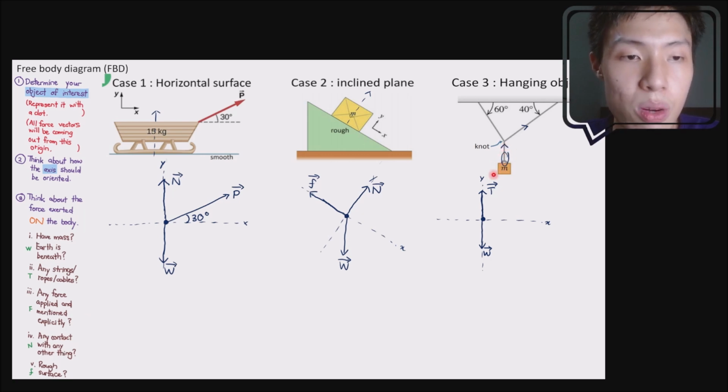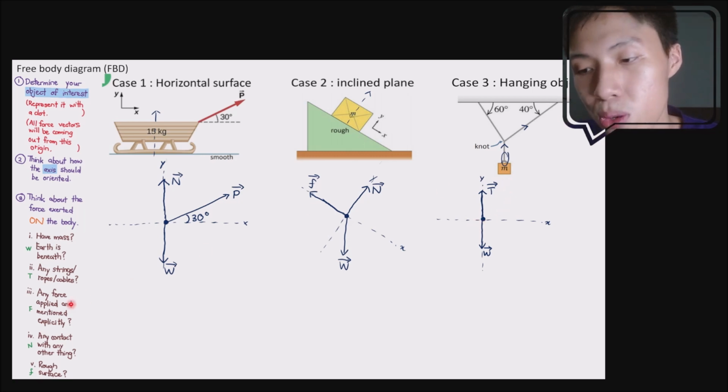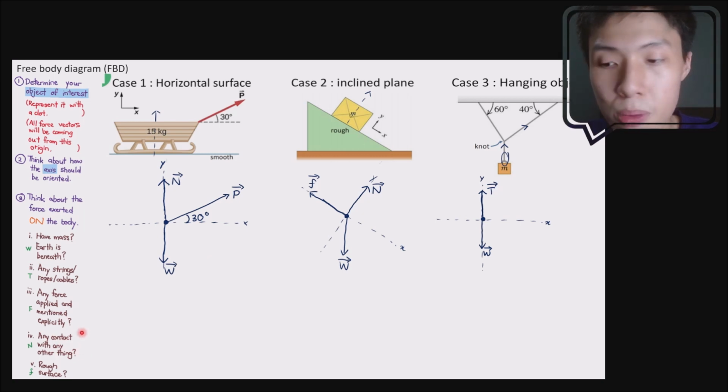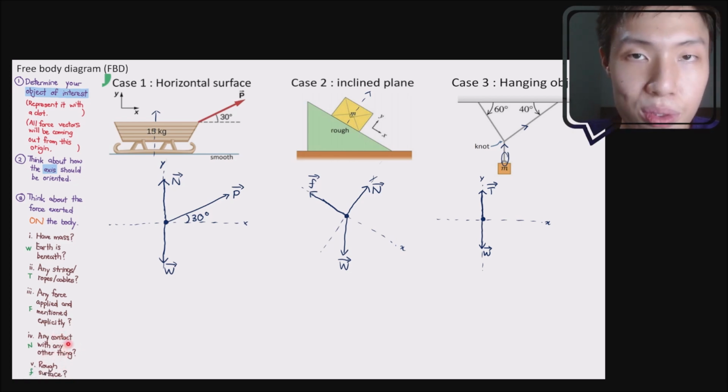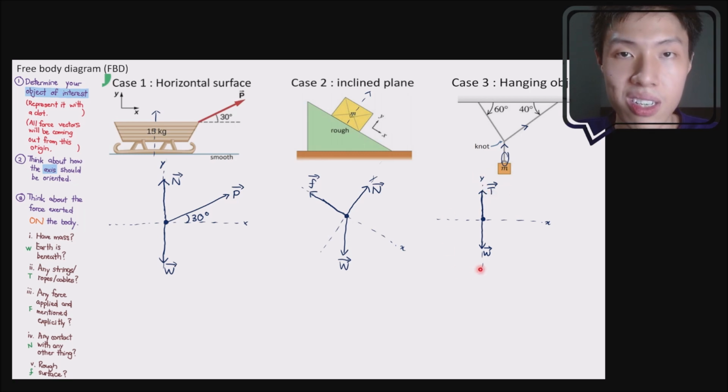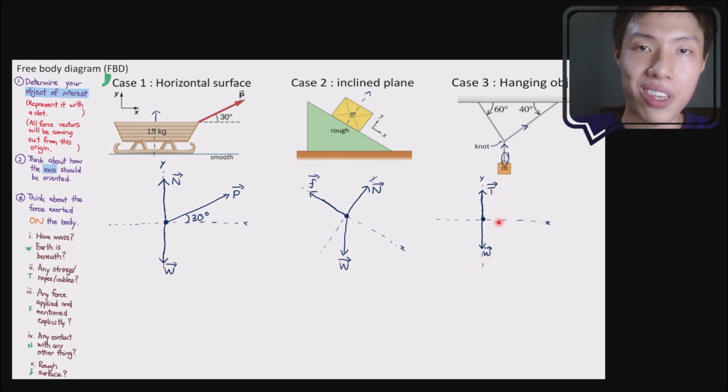And as I said just now, we have already taken into account the rope using tension. So no other surface in contact, so no normal force. Last question, is there any rough surface? Well, if you don't even have a surface for question 4, definitely you have no surface for question 5. Okay, so this is our free body diagram for this object mass M over here.